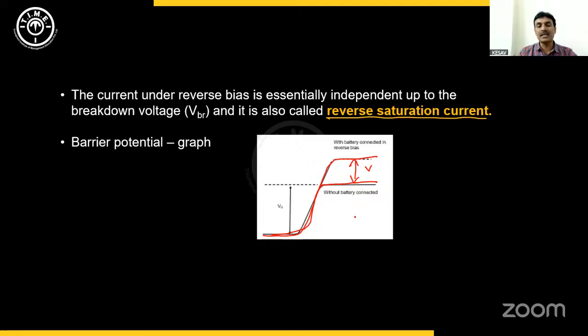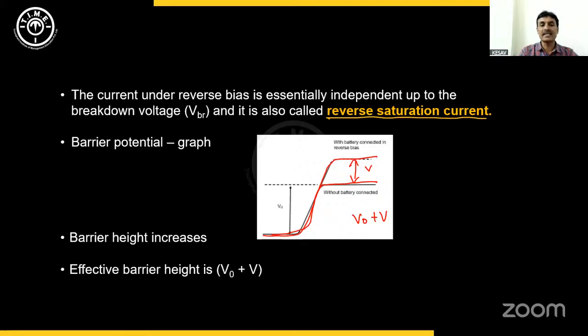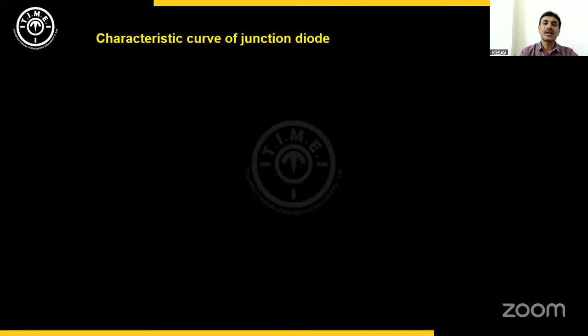So the effective barrier height becomes V0 plus V in reverse bias mode, whereas in forward bias mode it was V0 minus V. So the barrier height is increasing in this case. Understood? Yes.